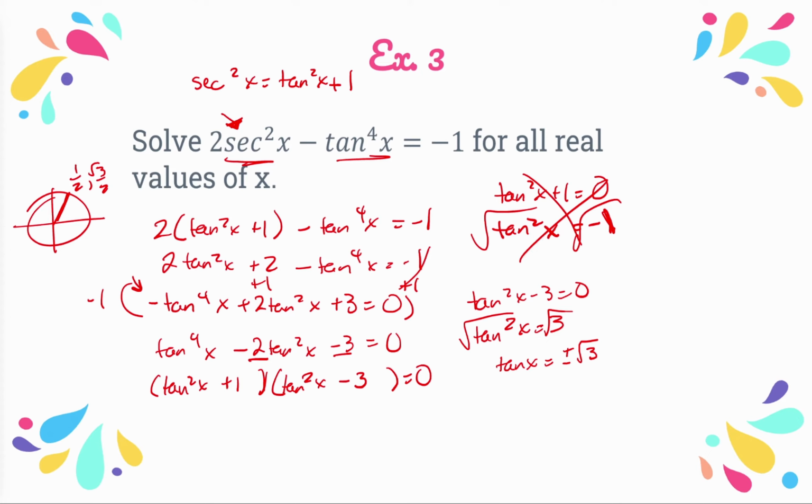And so that ends up being pi over 3. We also have it at 2 pi over 3 is where we get the negative. We get a -1/2 and a positive root 3 over 2. And then also at 4 pi over 3 and 5 pi over 3.